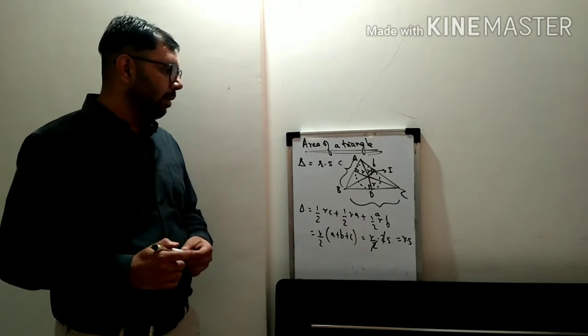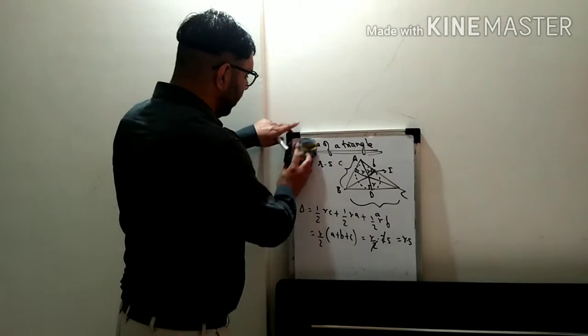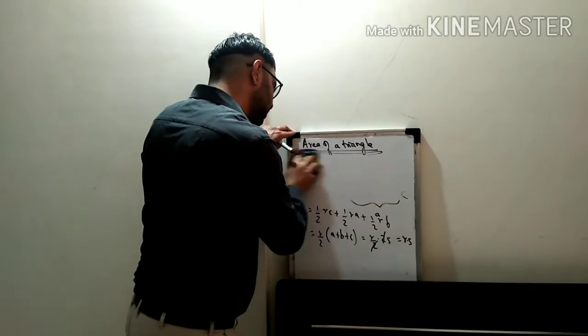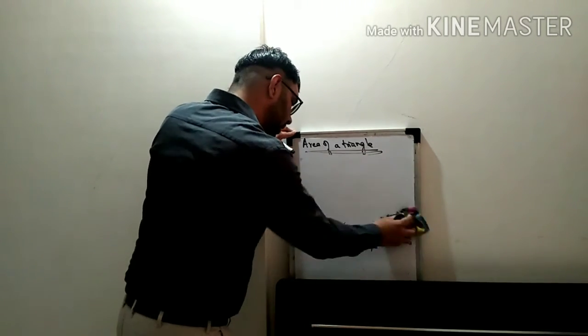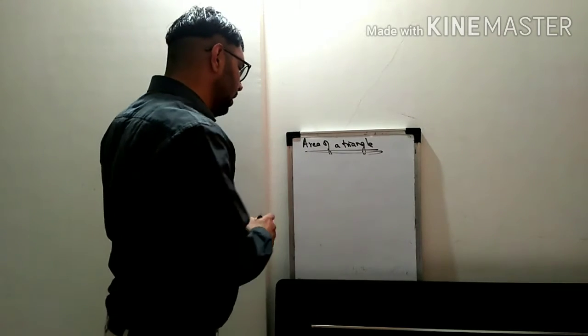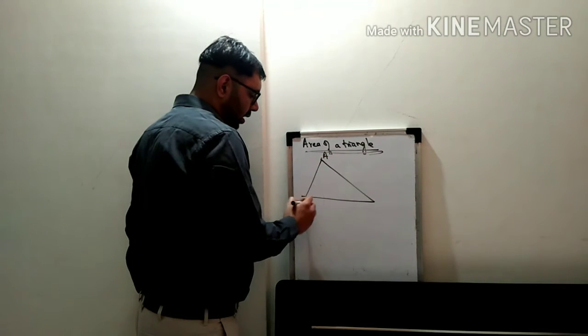Then one more formula I will explain, which is if I am trying to express the area in terms of sides of a triangle. So suppose I have the triangle ABC like this.